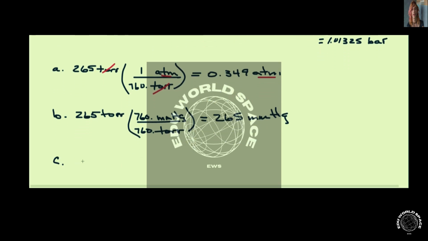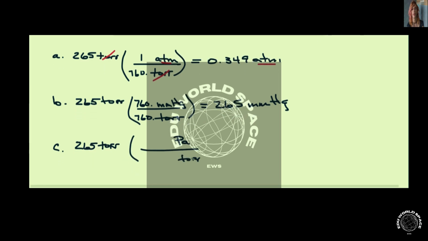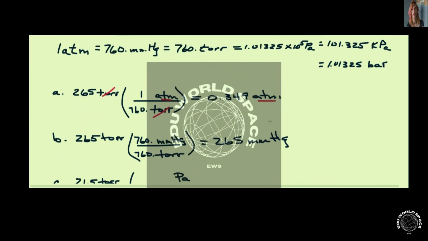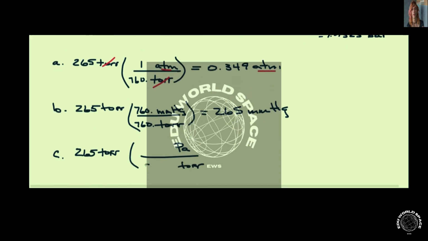If we wanted to convert into pascals, well, pascals is going to go on top. That's what we want. Torr is going to go on the bottom. For pascals, we want 1.01325 times 10 to the fifth on top. And we want, for torr, 760 on the bottom.